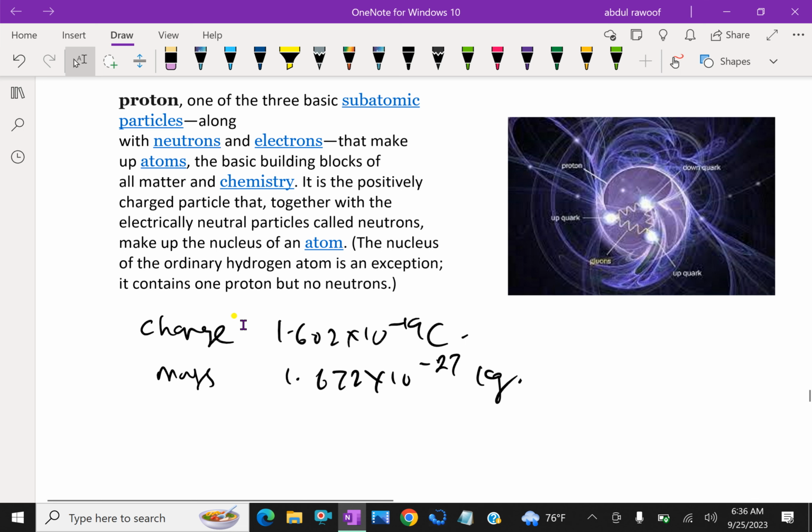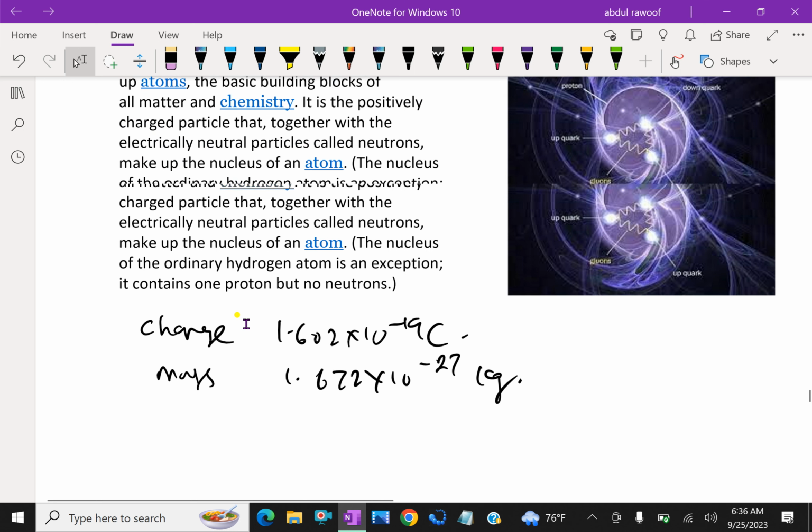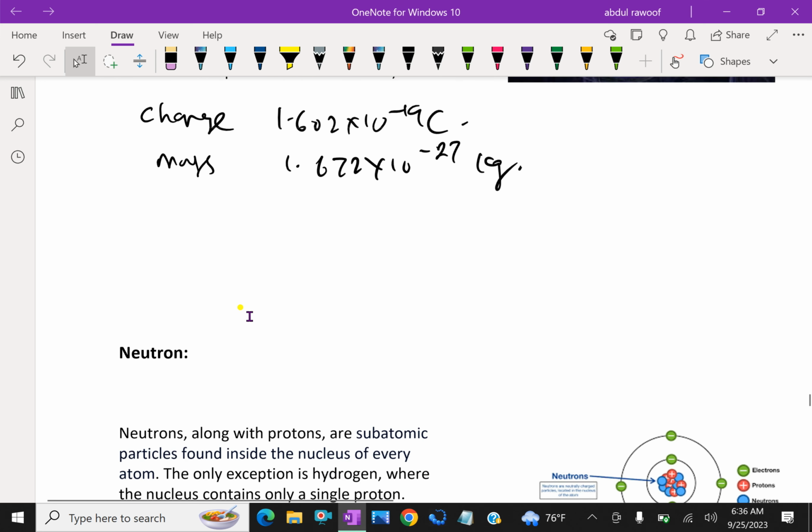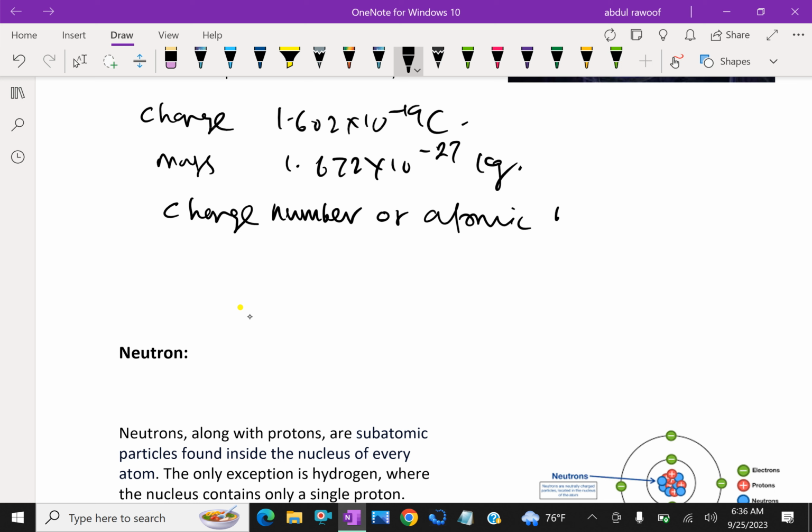Charge number is equal to the number of protons. You can see charge number or atomic number equals Z, which is equal to the number of protons or the number of electrons.